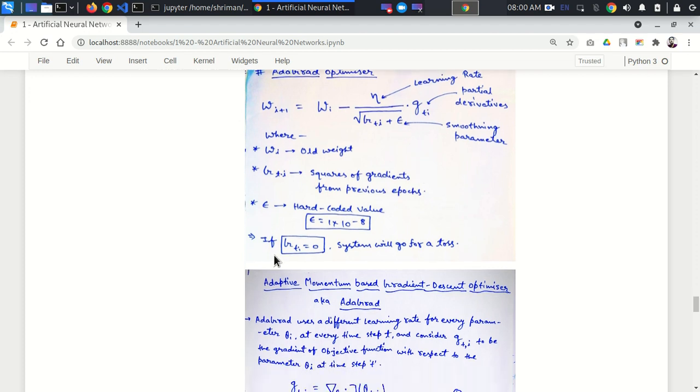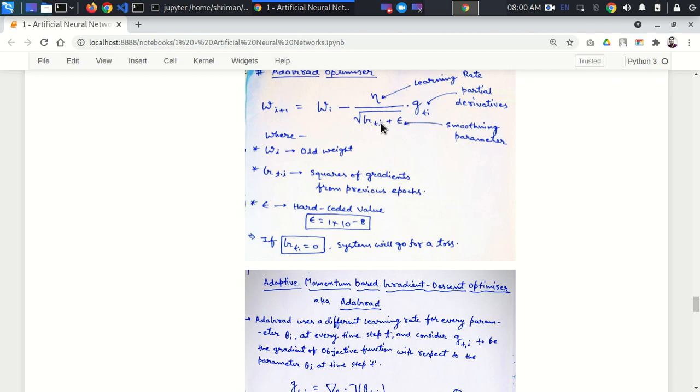Now people say that if G_ti is equal to 0, the system will go for a toss. How? Here we give an epsilon parameter, which is known as a smoothing parameter. Suppose we are not giving epsilon, and this G_ti is going to be 0.